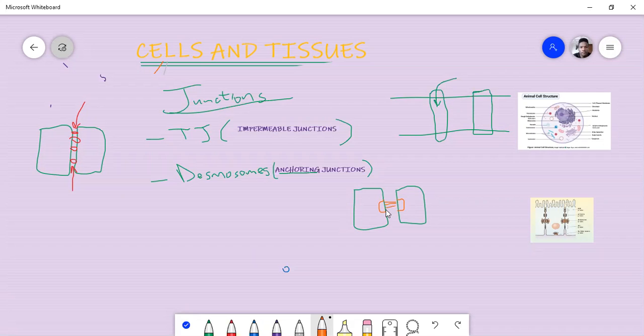The whole of this here, that's your desmosome. What we have in between here, we call cadherins. People tend to think that cadherins only is the desmosome. The whole of this is a desmosome, not just this in between.